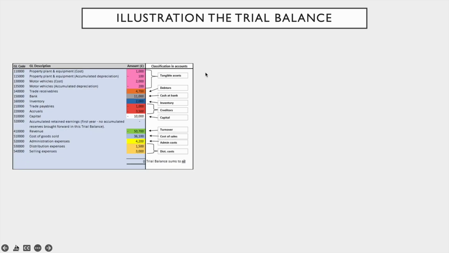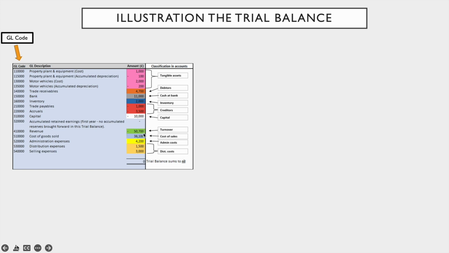This is the end product after all transactions have been posted in general ledger accounts, and the sum of those general ledger accounts is then reflected in a trial balance. A typical trial balance could look like this. Typically you'd have that GL code. You remember the revenue GL code was 41 followed by 4 zeros, and the closing balance of that GL account was 50,700.